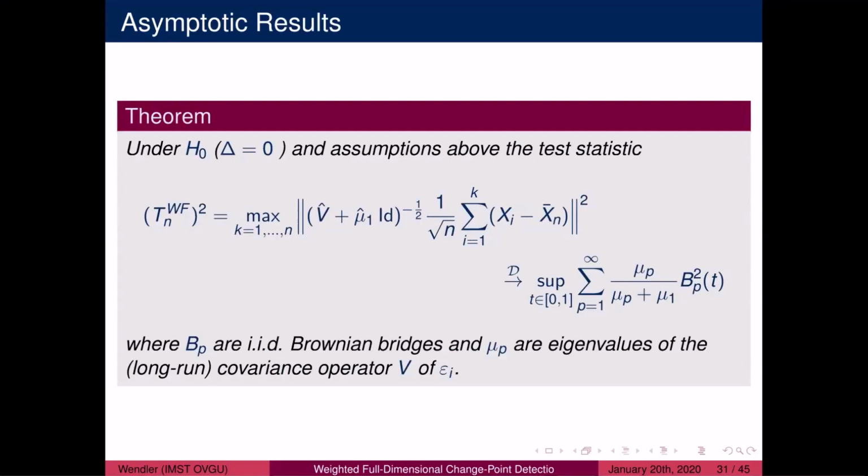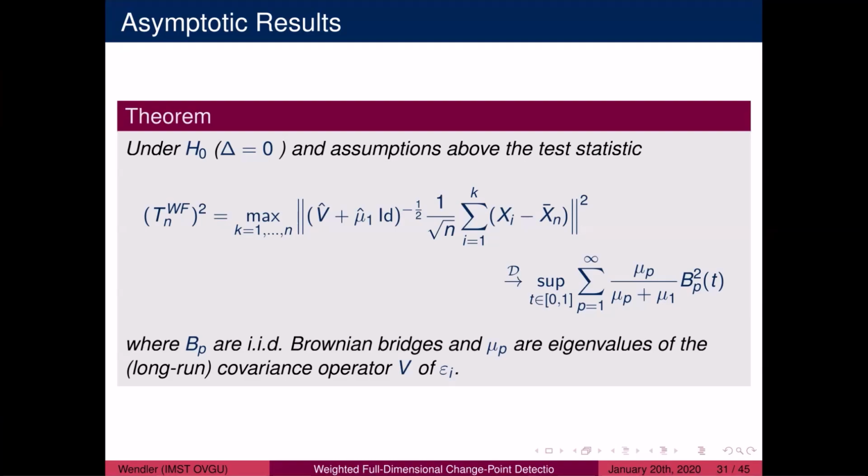Okay. So we get convergence of our weighted functional test statistic to this supremum of this infinite sum of squared Brownian bridges, so real-valued squared Brownian bridges. Well, this sum wouldn't converge if we didn't have these weights, and these weights come from these eigenvalues.